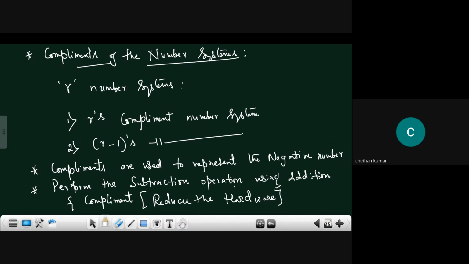For any number system, its complements are R's complement and (R minus 1)'s complement. Now let us talk about the decimal number system. What are its complements?